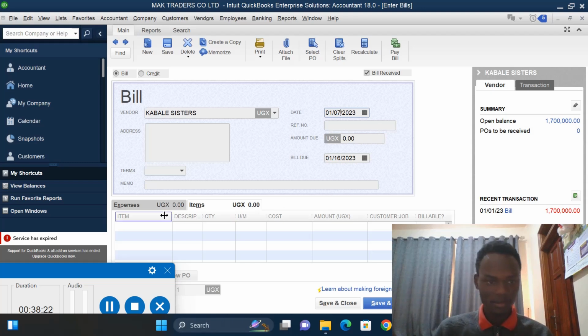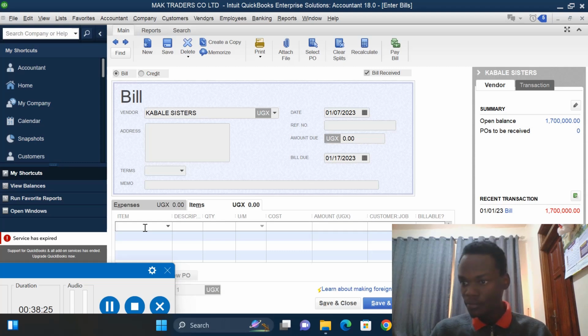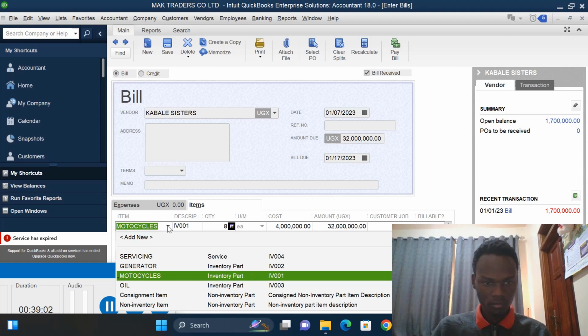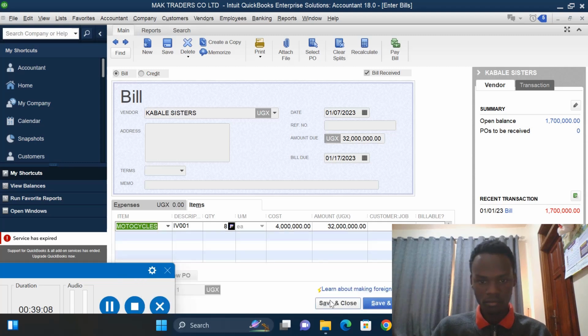And the items, 8 motorcycles. So we have our motorcycles. There are 8. So save and close.